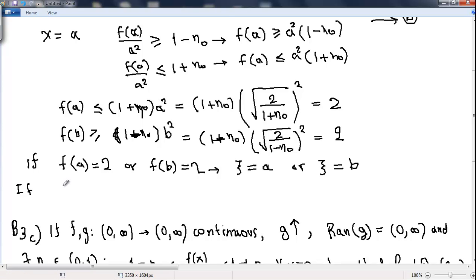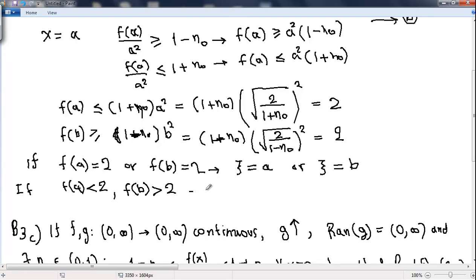So what happens if f of a is less than 2, and f of b is more than 2? We don't have equality here, we have inequality.